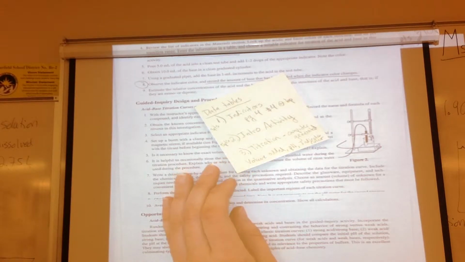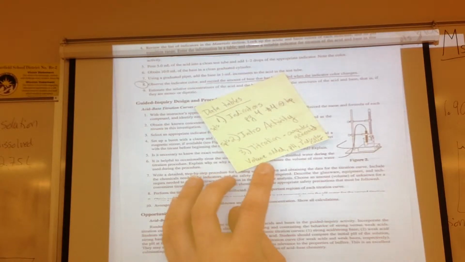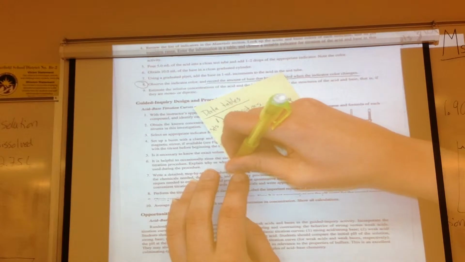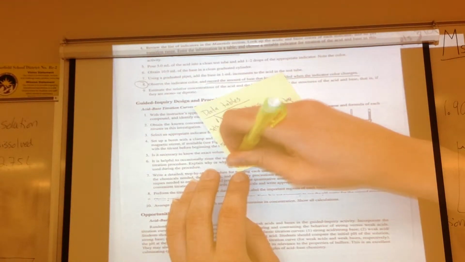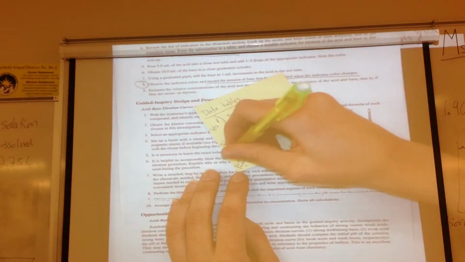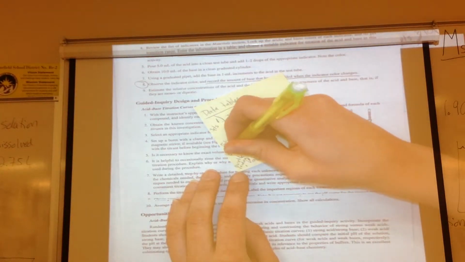If your burette readings were different than your volume added, so for example, if you did not start both of them at 0, give me the burette reading as well. But ultimately, I'm looking for the volume. And I'm taking that, again, it can be computer generated, to be 5 points.